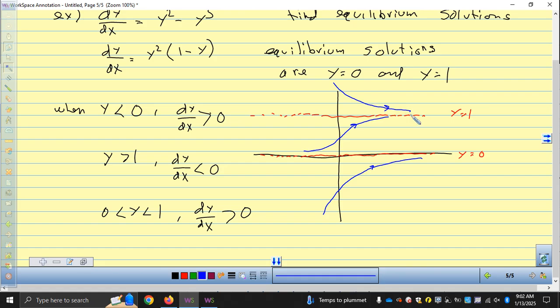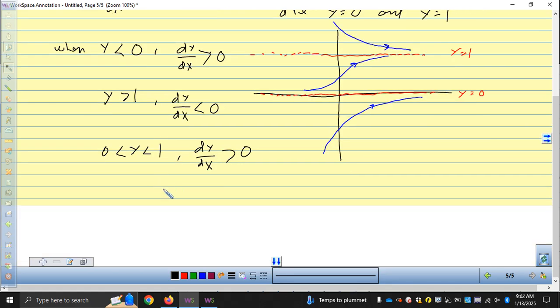So this point here at y equals 1, because the slopes for values less than 1 and the slopes for values greater than 1 both approach the slope at y equals 1, we call y equals 1 an attractor.